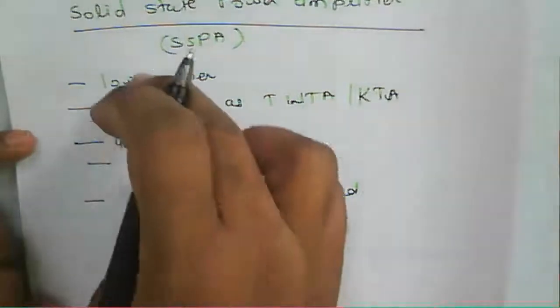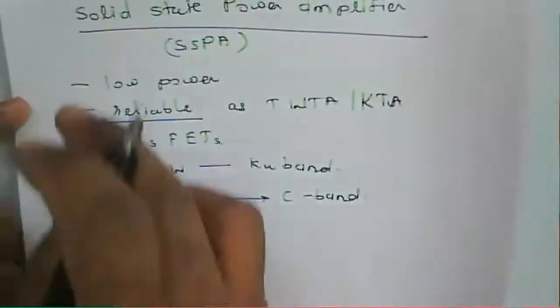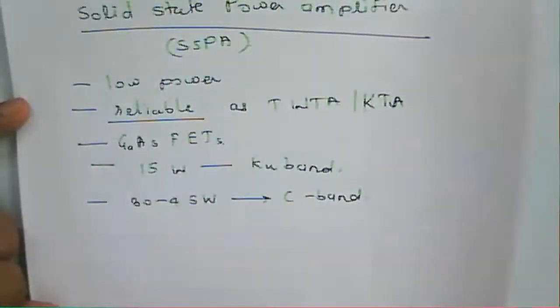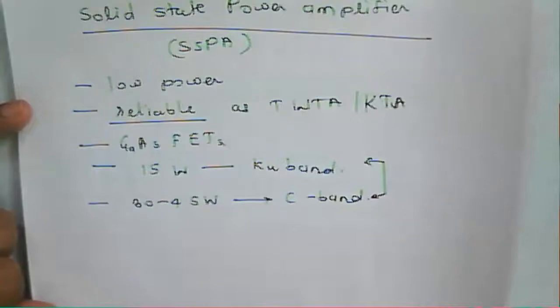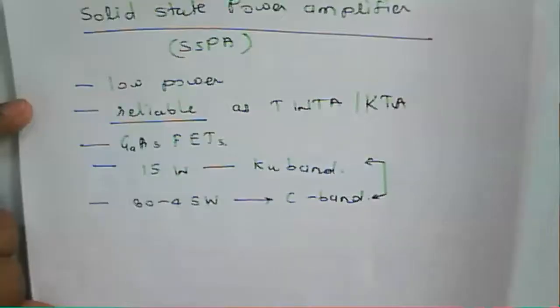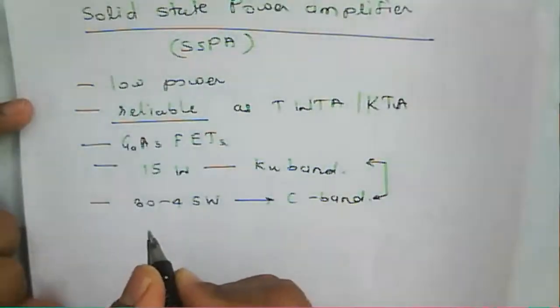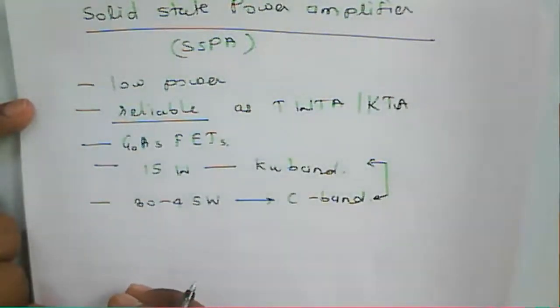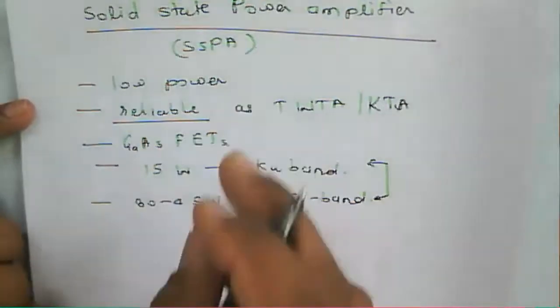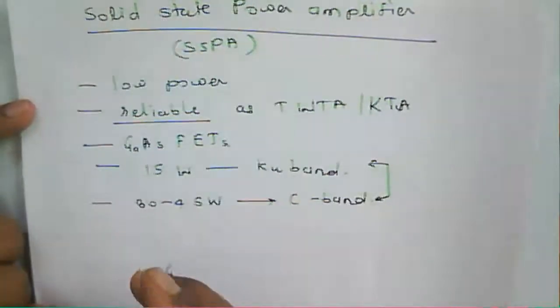But if you consider the solid state power amplifier, because of the high reliability, and if we require to generate a large power, then we can use a parallel combination of solid state power amplifiers so that we get a large power output.